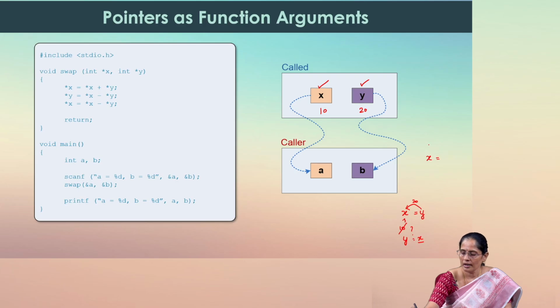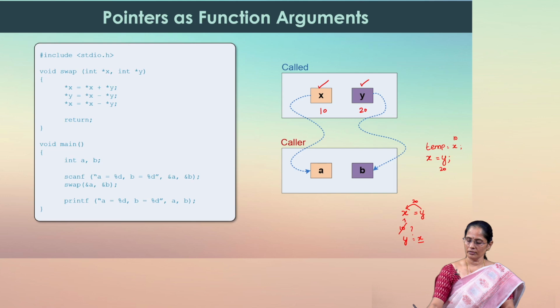Let me have a temporary variable which stores the previous value of x. Now I am storing the value of y onto x, right. So, x was already 10, so temp will take the value 10. Now y was 20, so x now takes the value 20, and now I can copy the value which is there in temp.